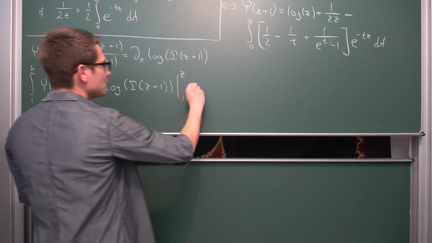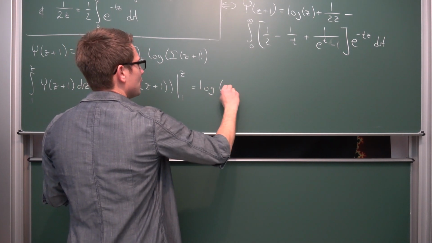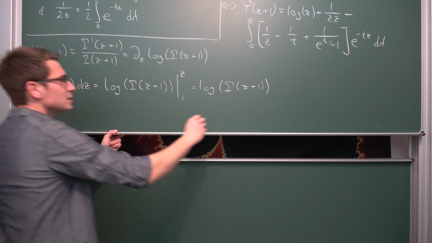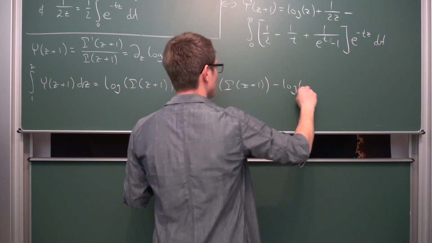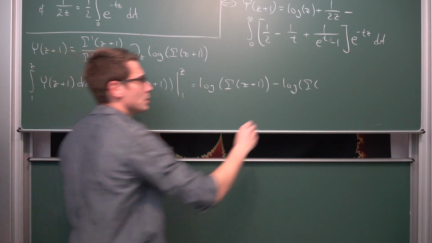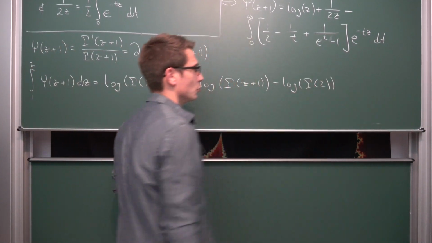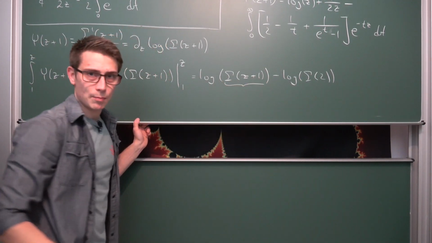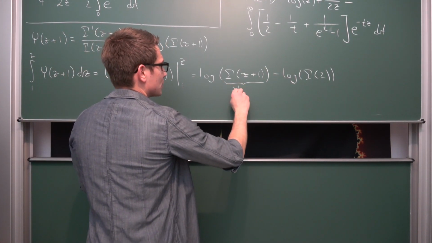Now if we plug this in here, we get the logarithm of gamma of z plus 1 on the one hand, and on the other hand minus the logarithm of gamma of 1 plus 1, which is gamma of 2. I want you guys to remember something, and we're going to make use of this fact here. Gamma of z plus 1 is the same as z factorial.